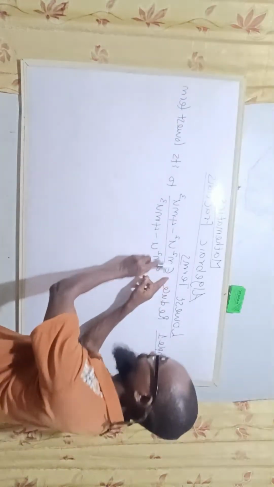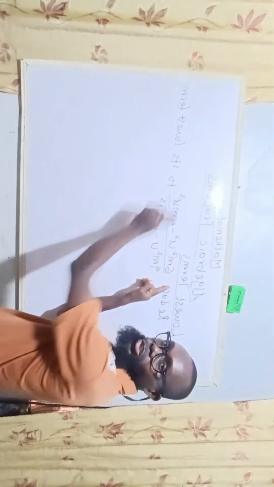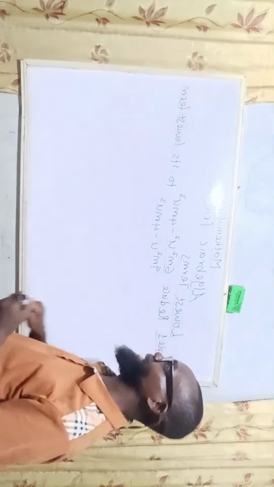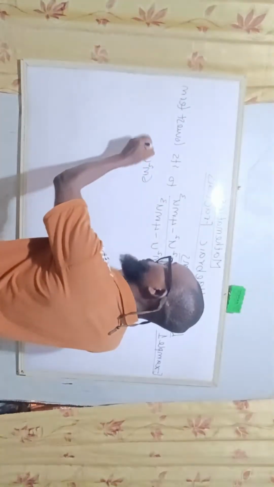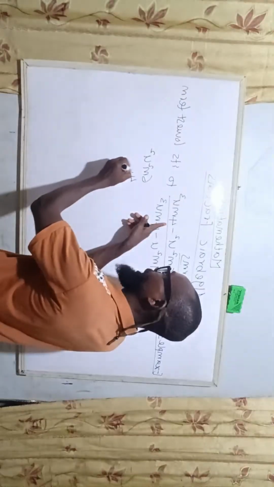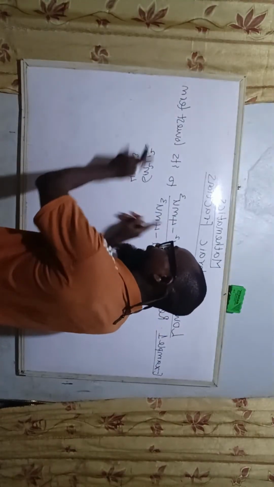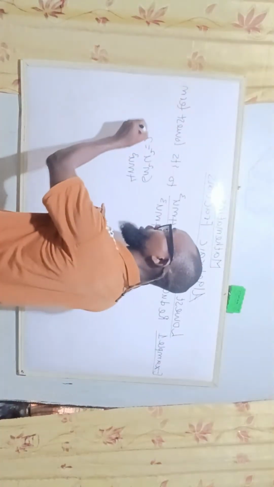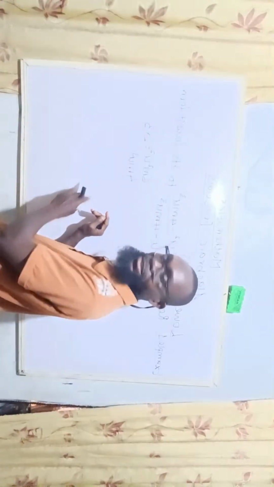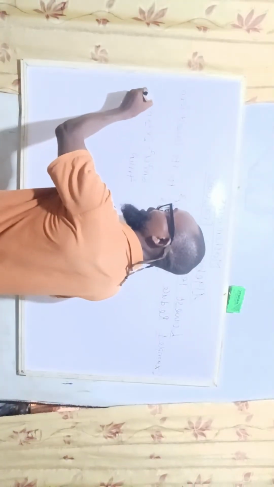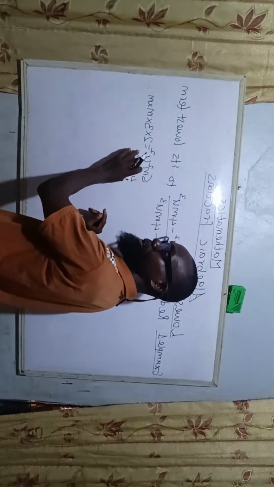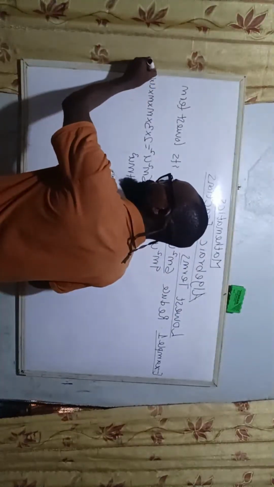What is common in this one and also common in this one? How do we go about that? Let's come here. 6m squared u squared and 4mu cubed. I can write this one as 2 times 3, that is 6, times m times u, then u squared as u times u.